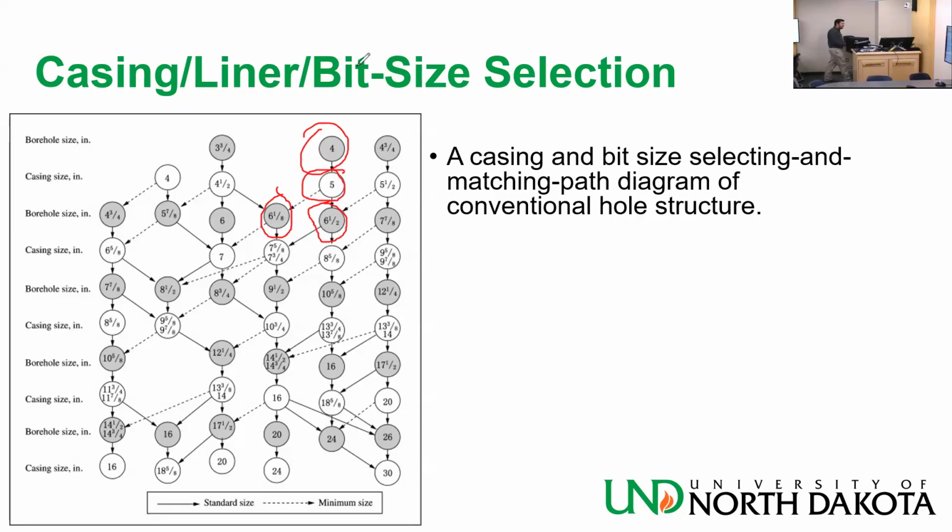So if I design my well to have a 2 3/8 inch ESP in it, I need to make sure that my production casing or production liner inner diameter would be enough for me to run this pump downhole. And that means the intermediate casing needs to be bigger, and so on and so forth.